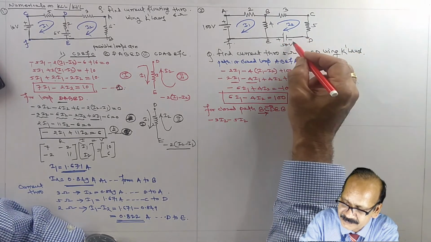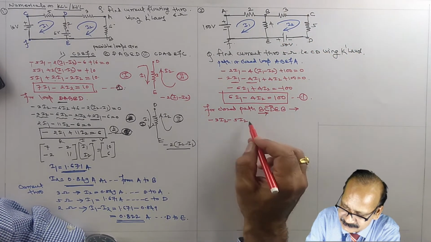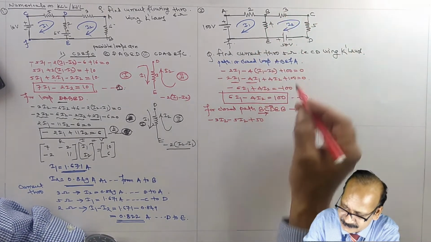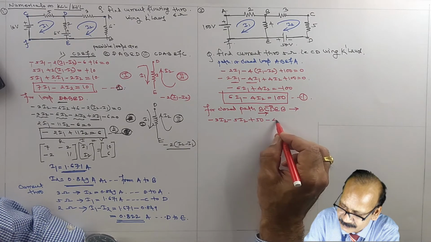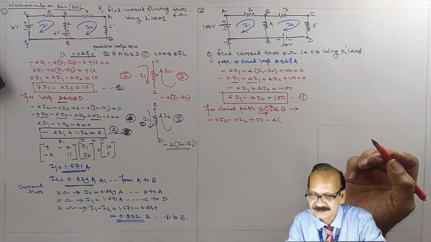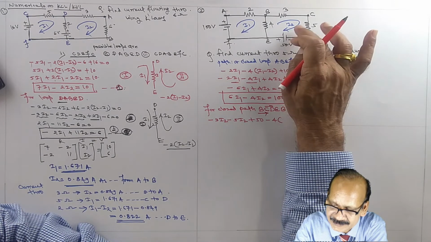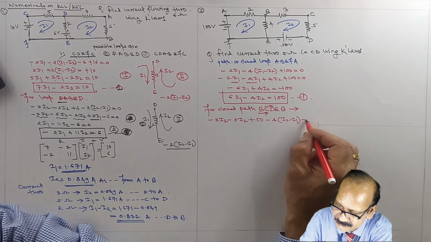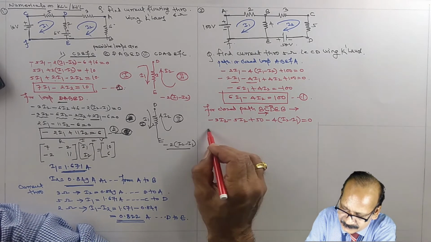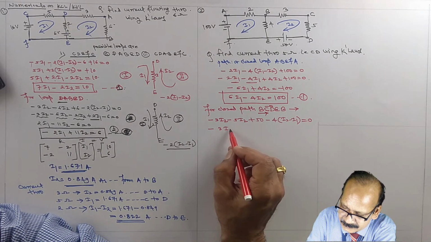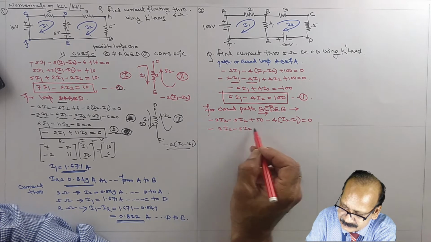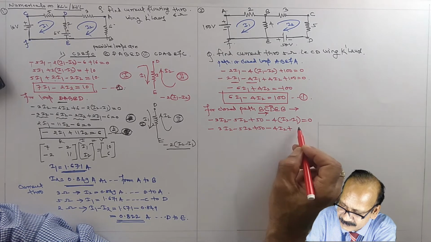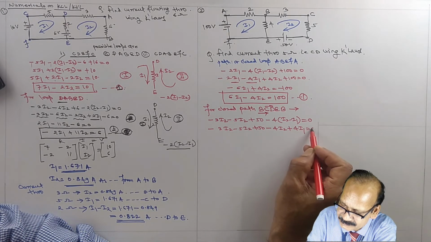Then D to E, if you reach negative of the battery first, plus sign, so plus 50. And E to B in the direction of current, minus 4, and in the bracket, as we are solving for loop 2, I2 minus I1. So minus 3I2 minus 5I2 plus 50 minus 4I2 plus 4I1 equal to 0.